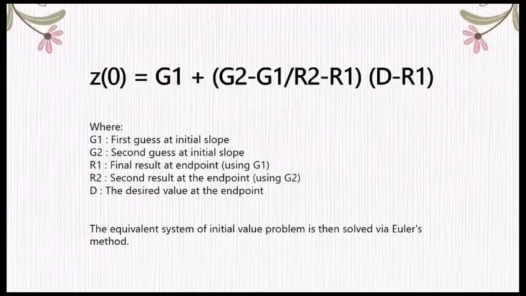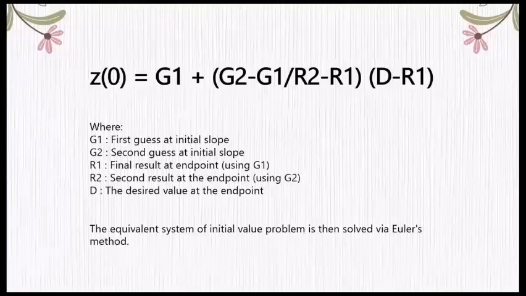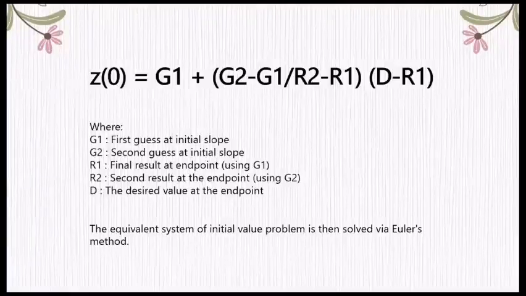This is the equation where G1 is the first guess at initial slope, G2 is the second guess at initial slope, R1 is the final result at the endpoint, R2 is the second result at the endpoint, and D is the desired value at the endpoint. The equivalent system of initial value problem is then solved via Euler's method.